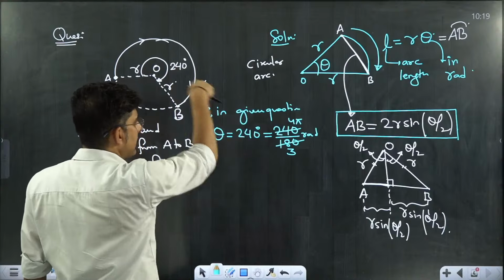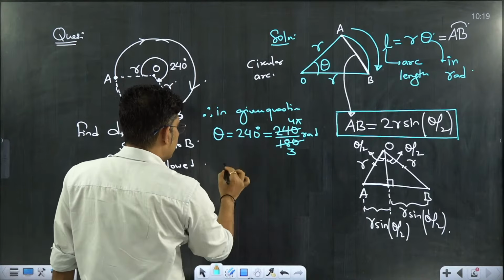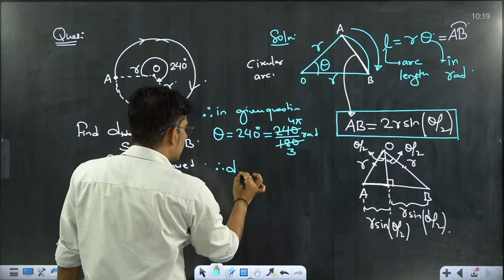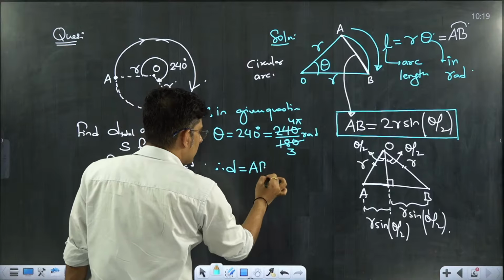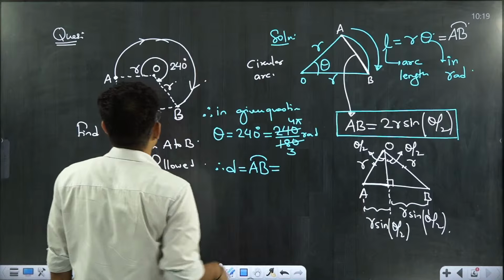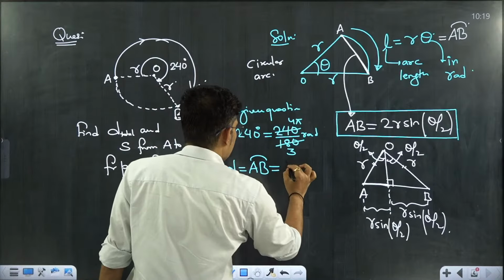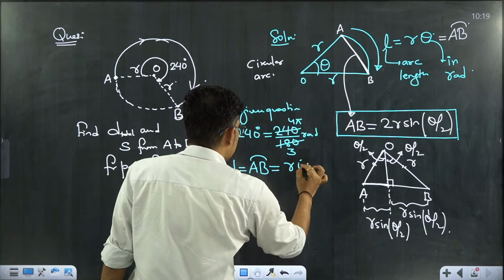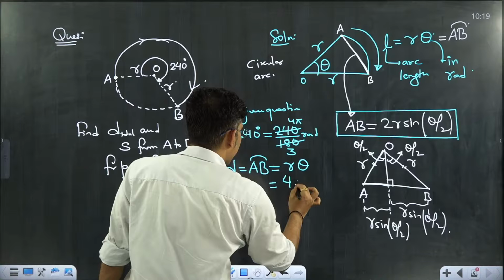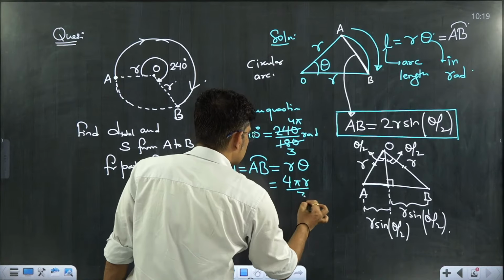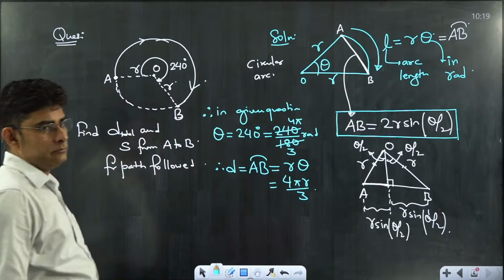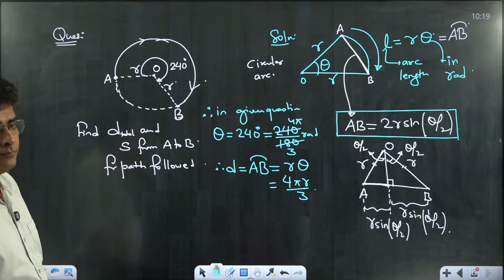So 4 pi by 3 radian is theta. So distance is nothing but the arc length covered from A to B, which will become r into theta, that is 4 pi r by 3.